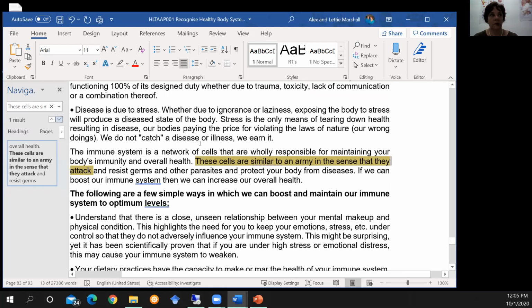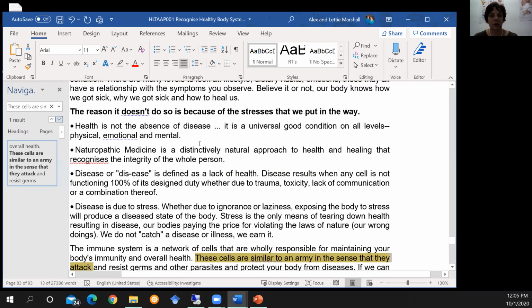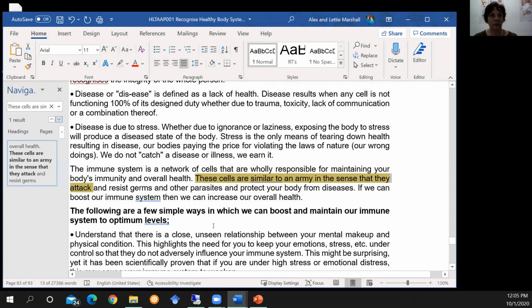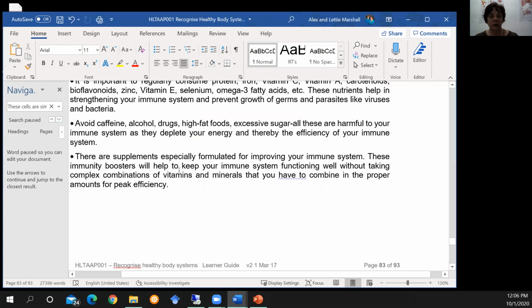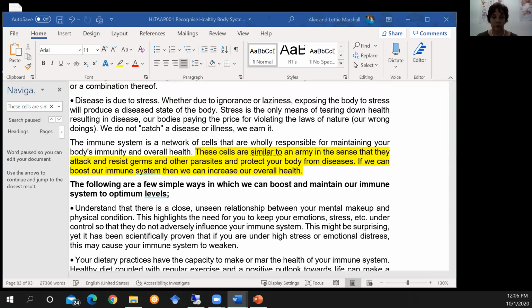On page 83 is also a little bit about the immune system, how cells are similar and resist germs. Generally with the immune system, a lot of us have quite a good understanding about that, so you can have your own words as well. Page 83, yes. And there is some on page 72 as well, or 71.